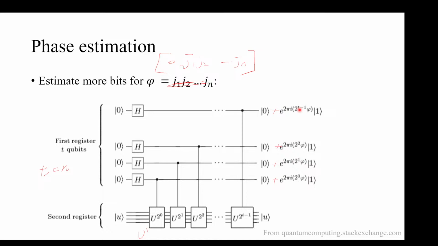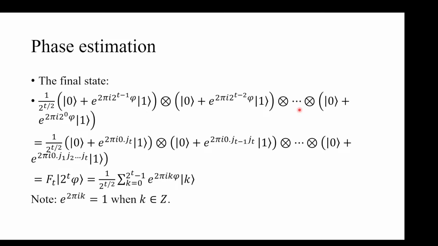Okay, so the final state is this. Once again we have this familiar expression of 0 plus some phase on one tensor with 0 plus some integer part.